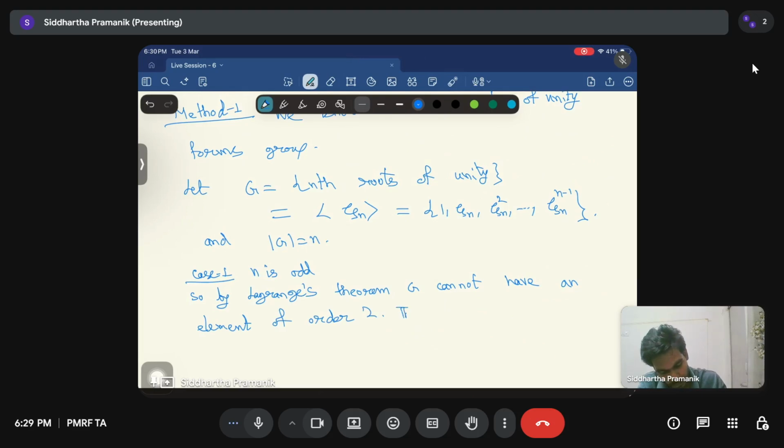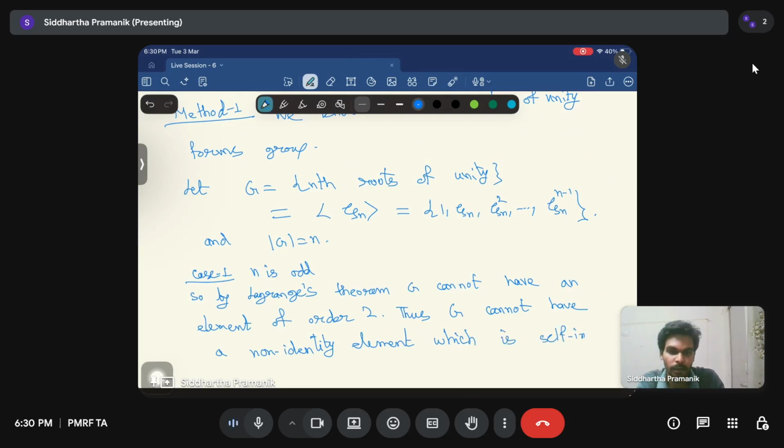Thus G cannot have a non-identity element which is self-inverse, meaning whose inverse is itself, right?